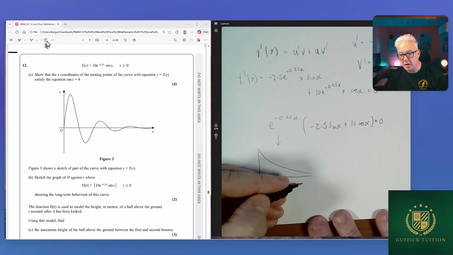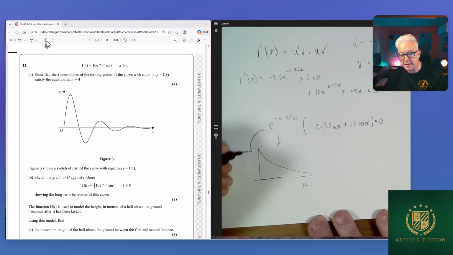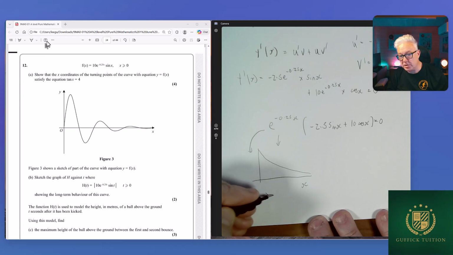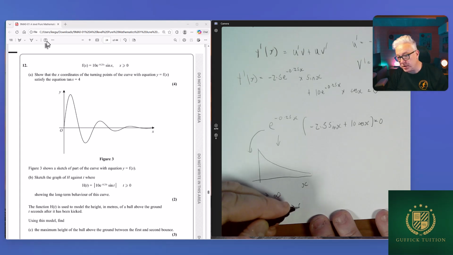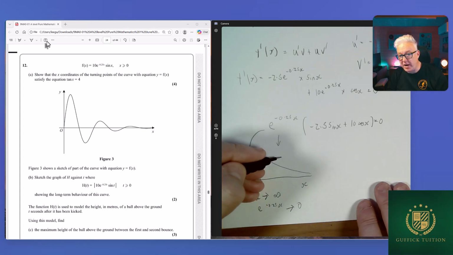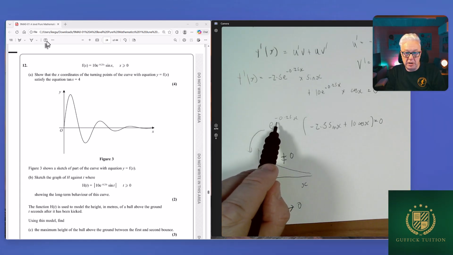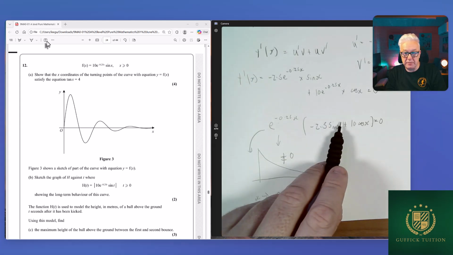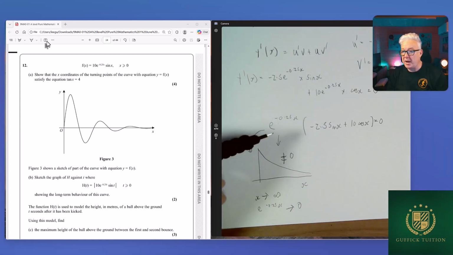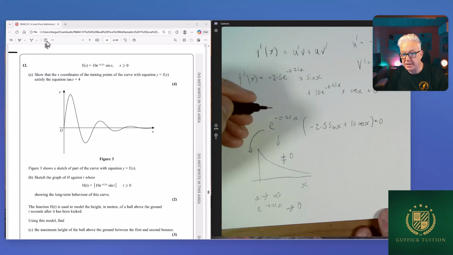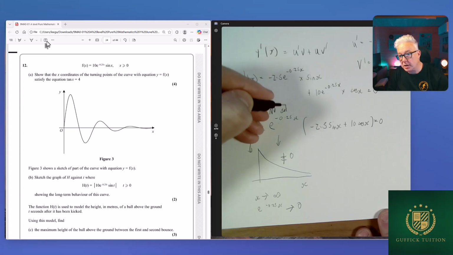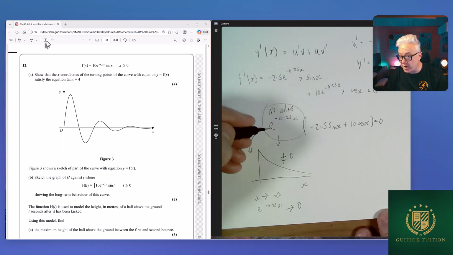As x tends to infinity, e to the minus 0.25x tends towards 0, but it never actually gets there, so it never equals 0. Anytime you've got a negative exponential times something, you never need to worry about a solution coming from it. So there are no solutions coming from this bracket.